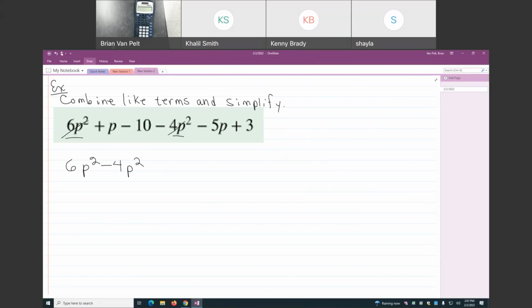What do I have in the p's? How many p is that? So I've moved those together. I'm using the commutative property for all this. Then finally, minus 10 plus 3, and then we reach negative 7. So you can see we have the two p squareds, and then 1 minus 5 is negative 4p. This is negative 7.